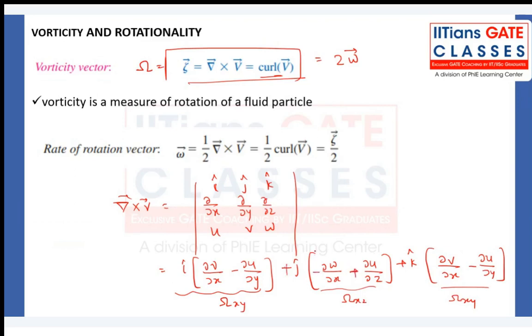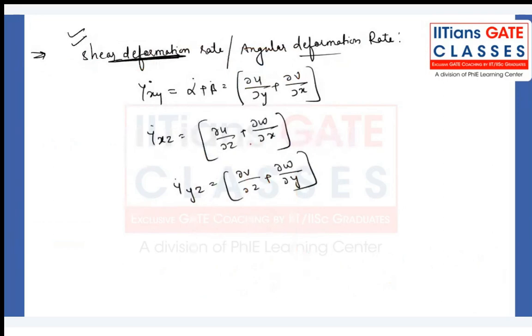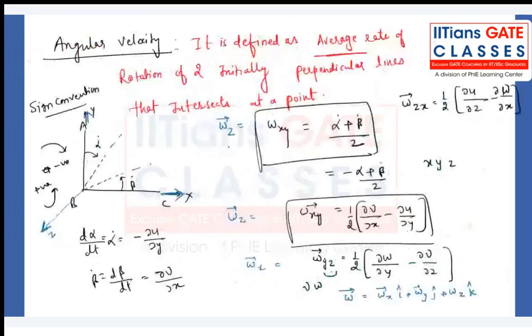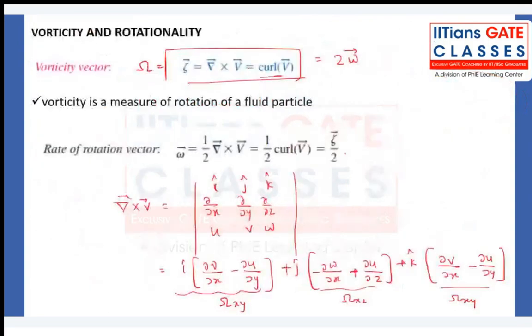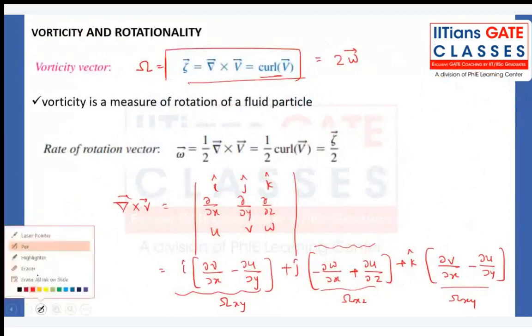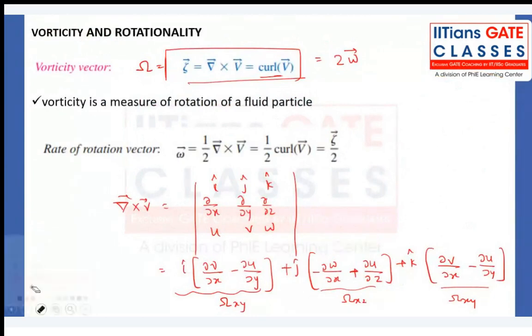Dou u by dou z minus dou omega by dou x. When you multiply with the two, you will be getting like this. Always in a matrix, we have to multiply like this. First minus second, plus minus plus.